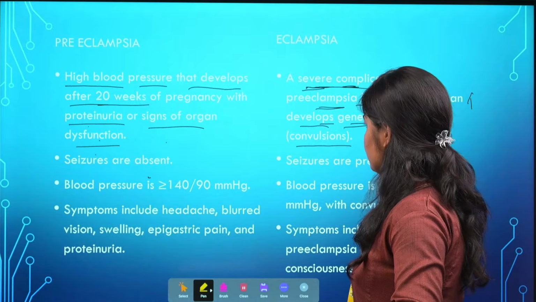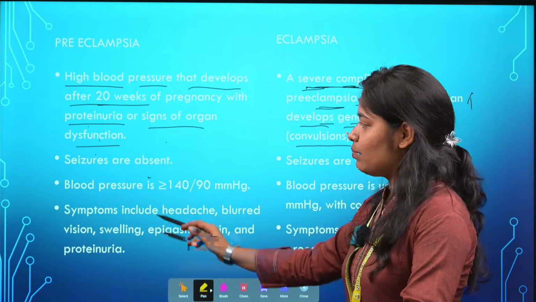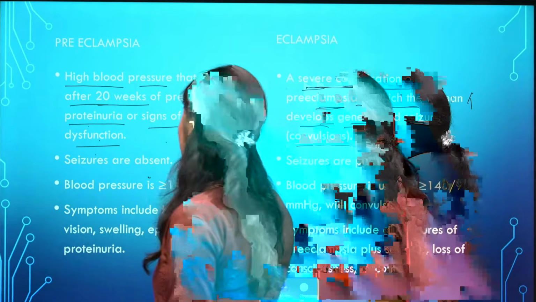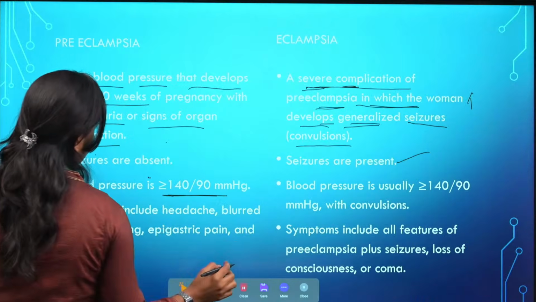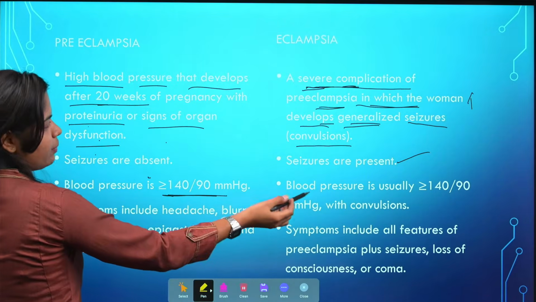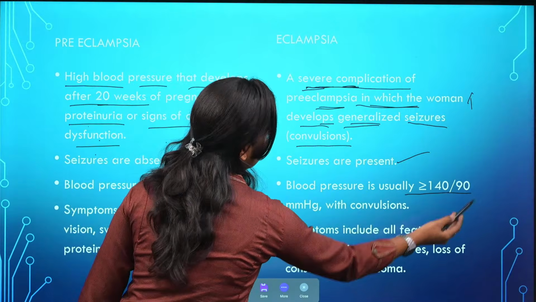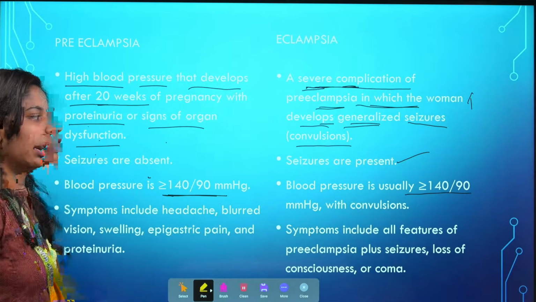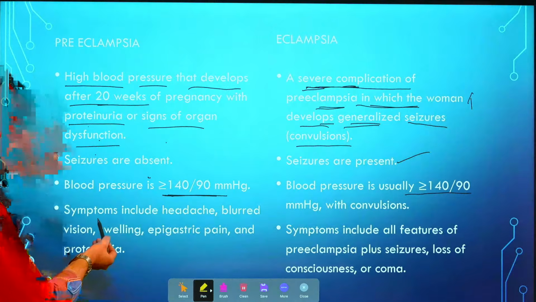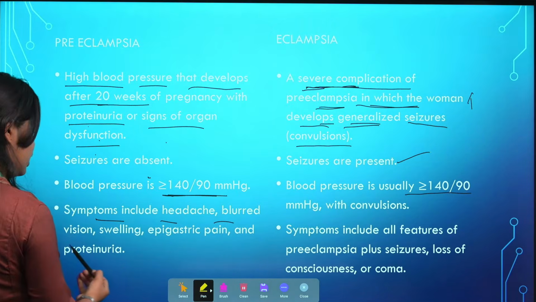Seizure will be present in eclampsia. Blood pressure will be more than or equal to 140 by 90 mmHg. Then symptoms include headache, blurred vision, swelling, epigastric pain, and proteinuria will be present here.